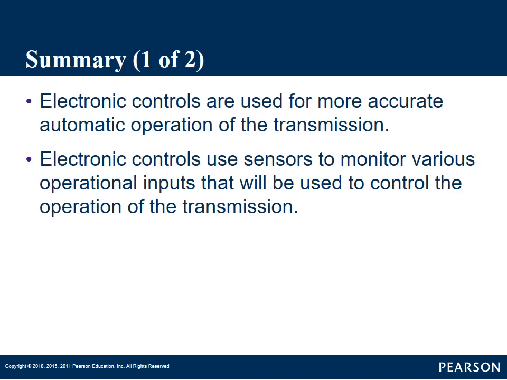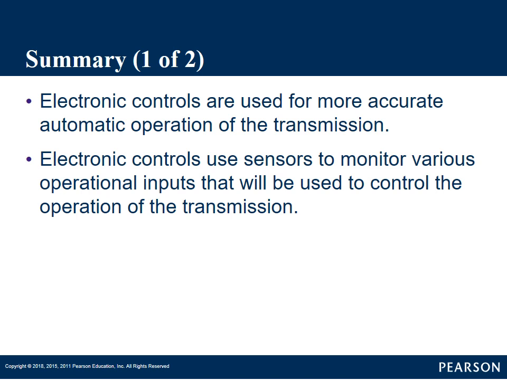So if we're going to summarize this lesson of what we learned, we're using electronic controls so we can more accurately take control of the shift points in our transmission, from how we shift under what loads and what speeds, how we control our torque converter solenoids, to even our adaptive shifts.